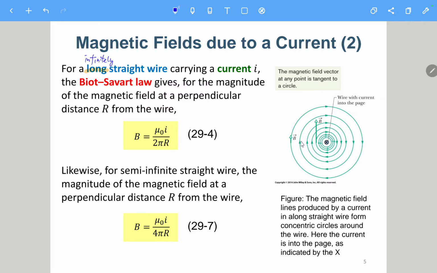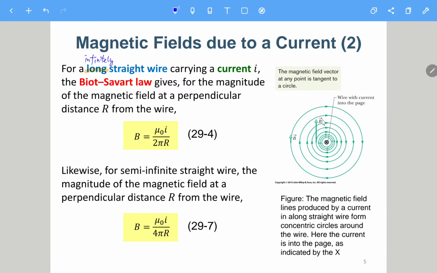The direction follows the right-hand rule. So you use your thumb pointing into the page in this figure, which means that your thumb follows the direction of the current, and then your forefinger will just follow the direction of the B field. So here you can see all the B field lines are clockwise as the current is going into the page.